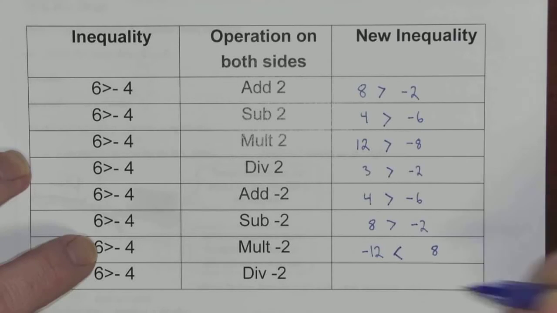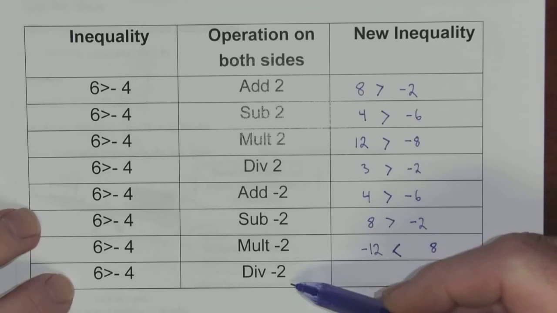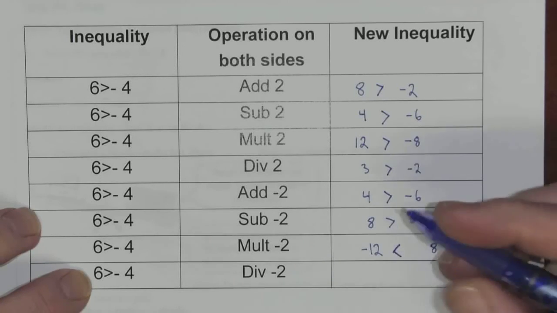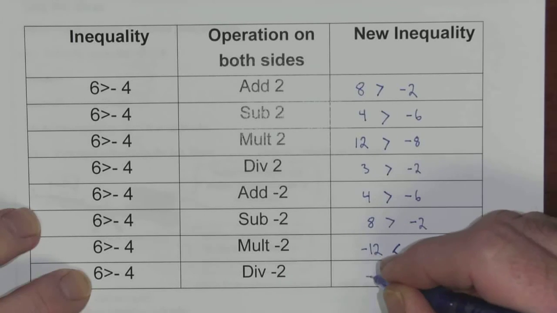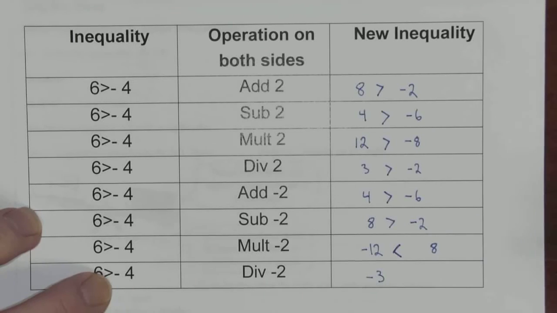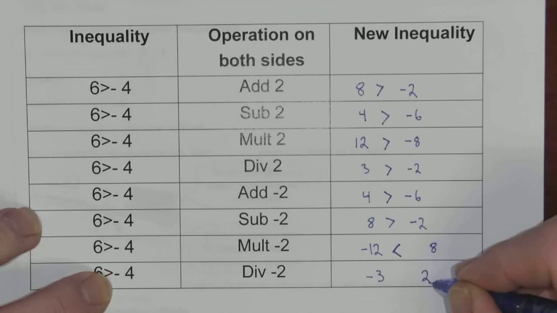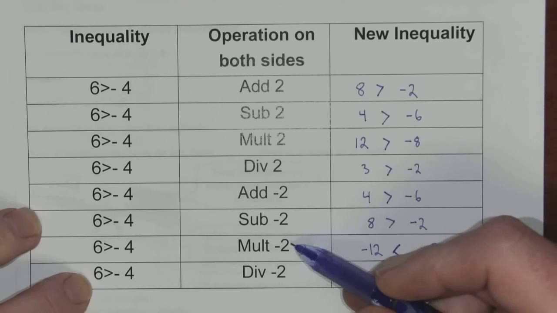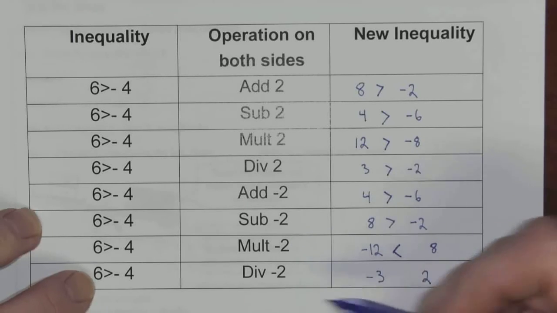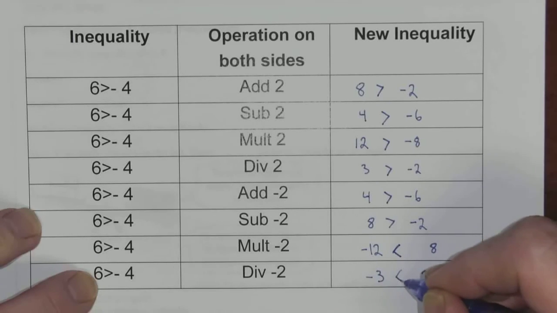So instead of greater than, in this case, it becomes less than. Let's have a look at dividing by -2. 6 divided by -2 is -3. -4 divided by -2 is +2. And once again, same deal as multiplying. When you divide by a negative number, you're going to reverse your symbol.